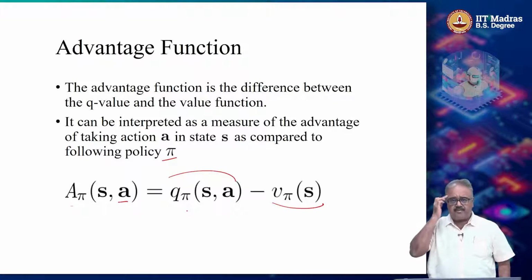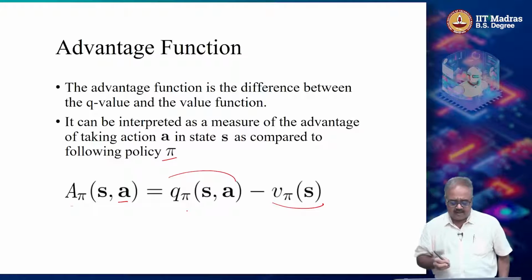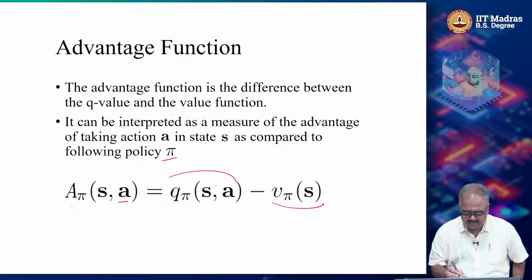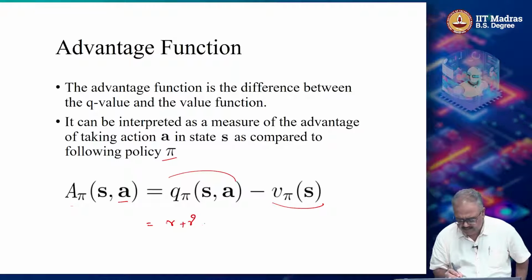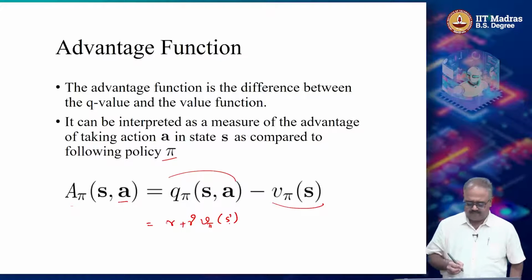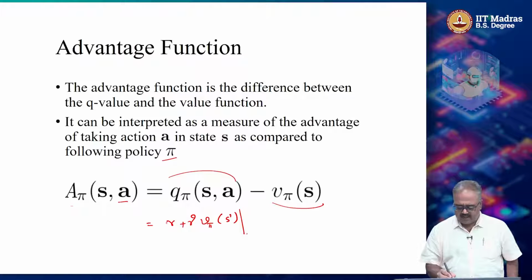So, one way of thinking about this Q pi S A minus V pi of S is to think of this as equal to R plus gamma times V pi of S prime, right, given that I took action A.